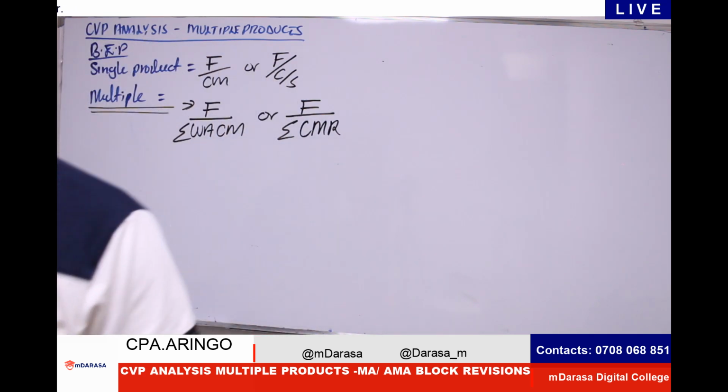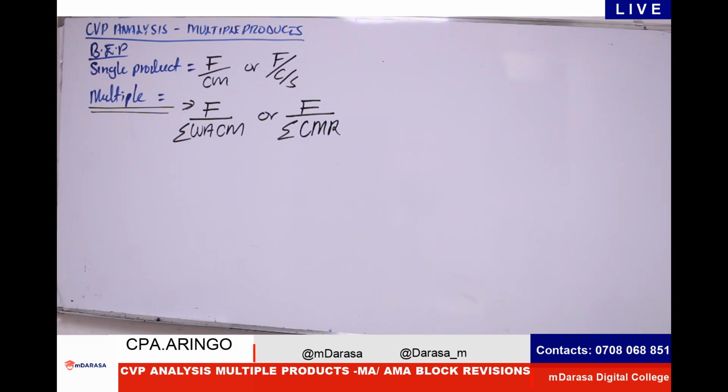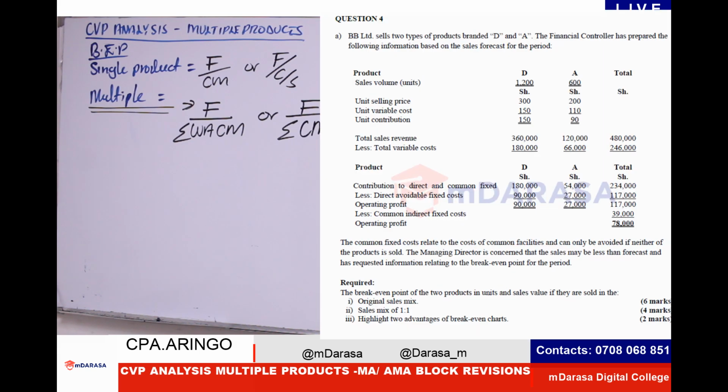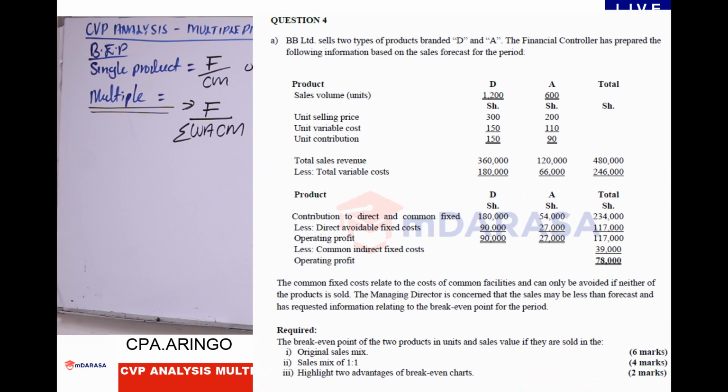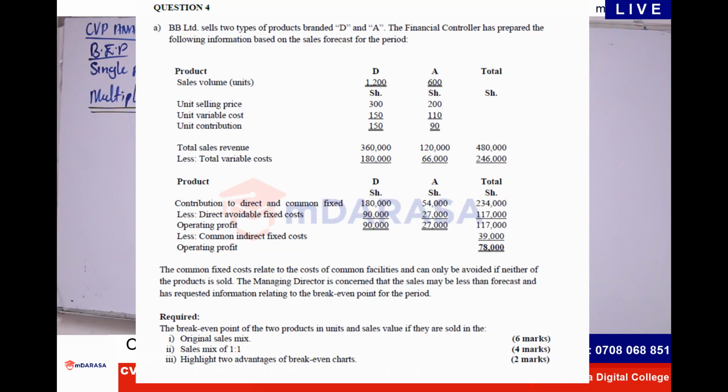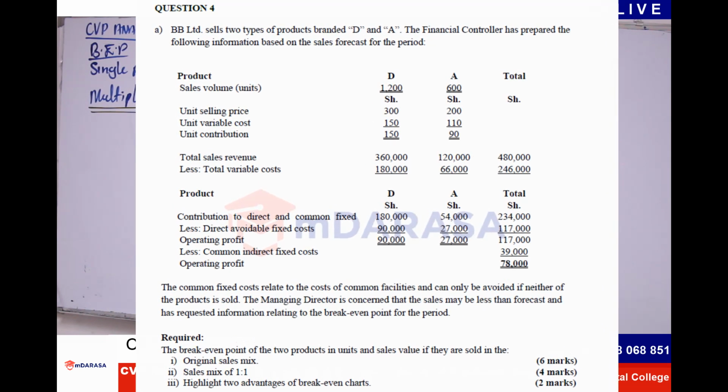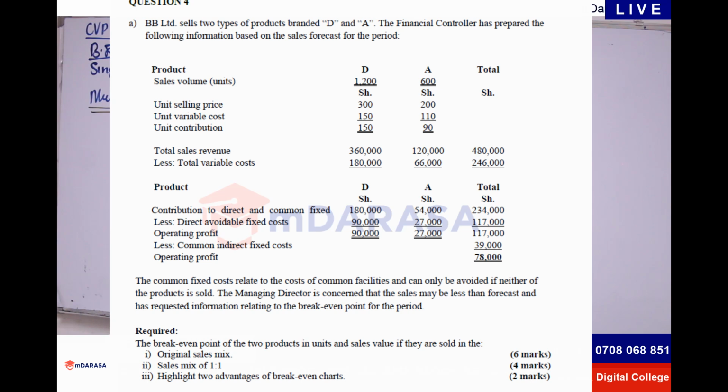So I take you back to our question so that we go through it together. I believe the question shared is very visible. Let us go through this question and see what you're asked, so that once we handle it, all of us should be on the same page. In this case, we're told that BB Limited sells two types of products branded D and A. The financial controller has prepared the following information based on the sales forecast for the period.